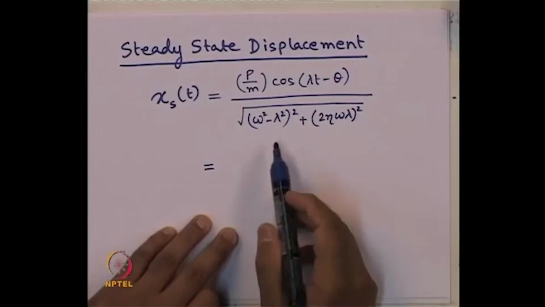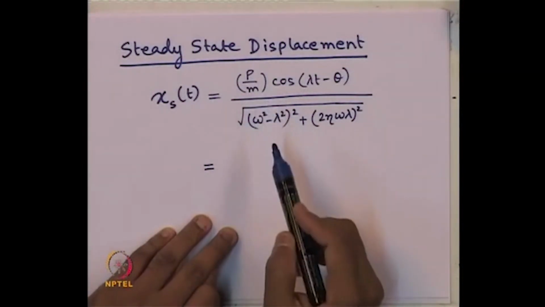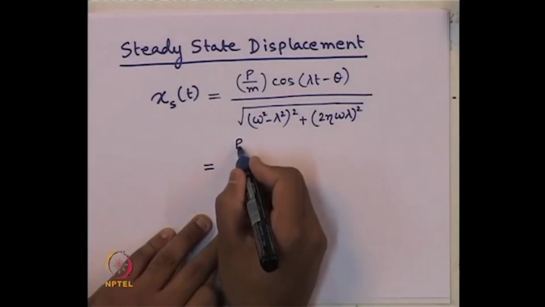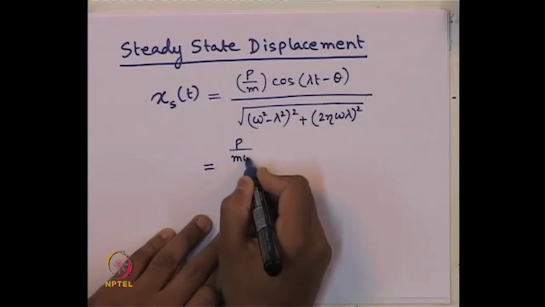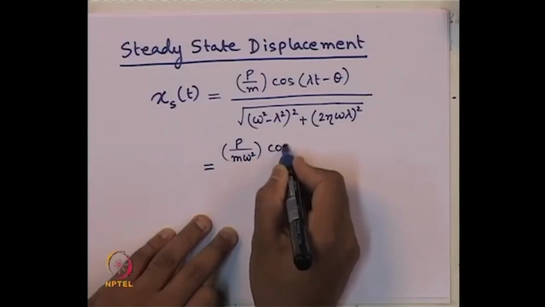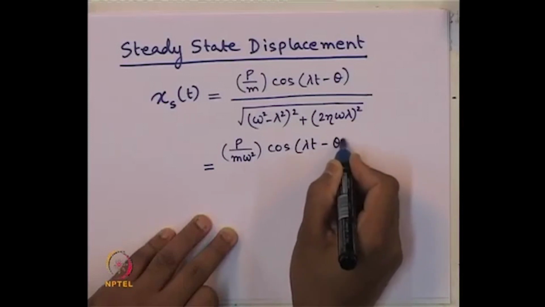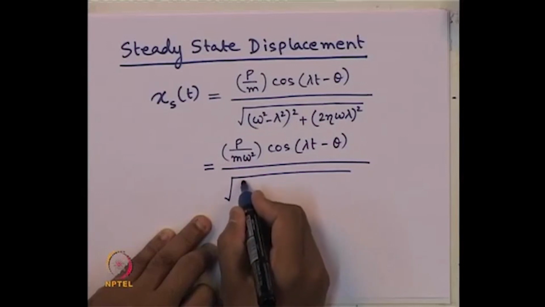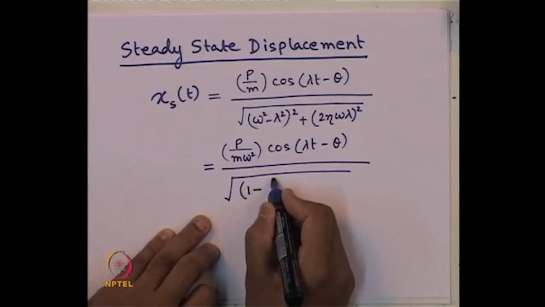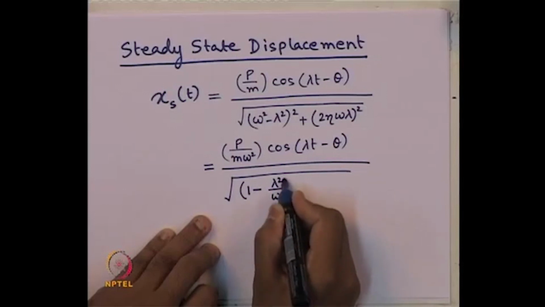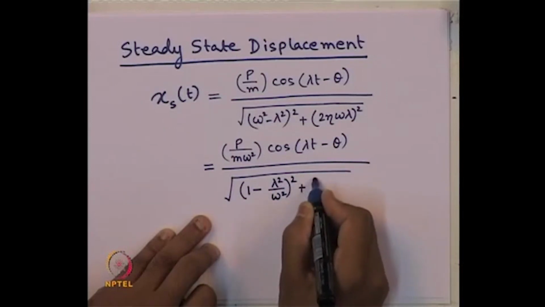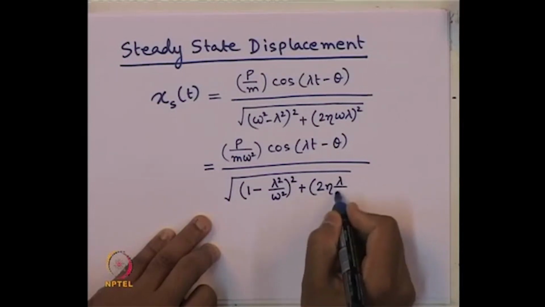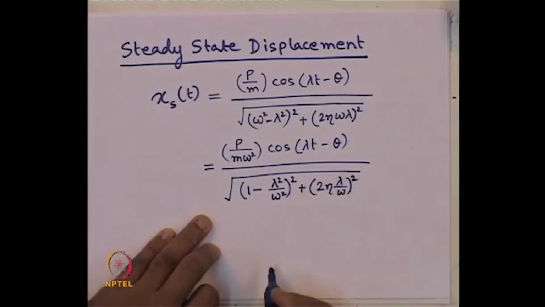What we can do is divide both numerator and denominator by omega square. So, what we will get is p by m omega square, cosine lambda t minus theta, and the denominator becomes root over 1 minus lambda square by omega square whole square plus 2 eta lambda by omega whole square. Okay.